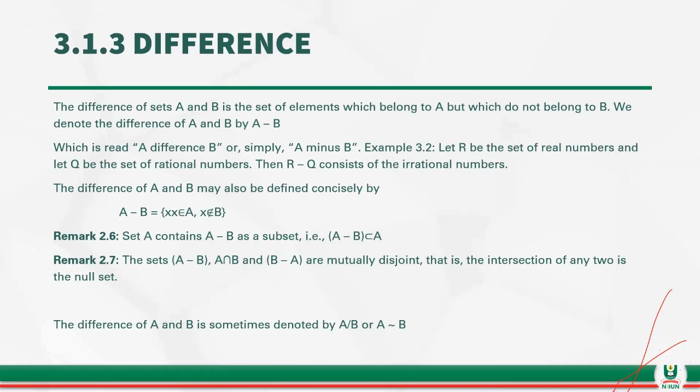All right. Now you cannot write it this way. A minus B, that is A difference B, is equal to bracket open X such that, correct that again, such that X is an element in A and X is not an element in B. When you cross that element-in symbol, it means not an element in.